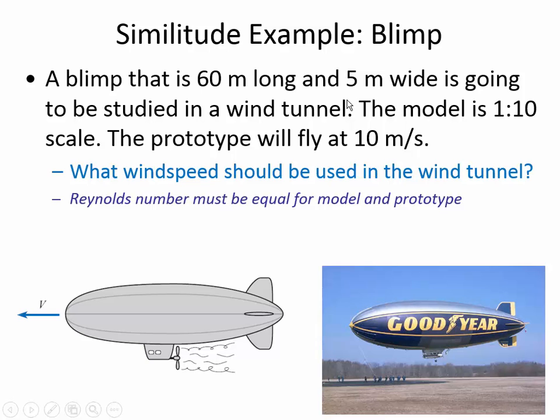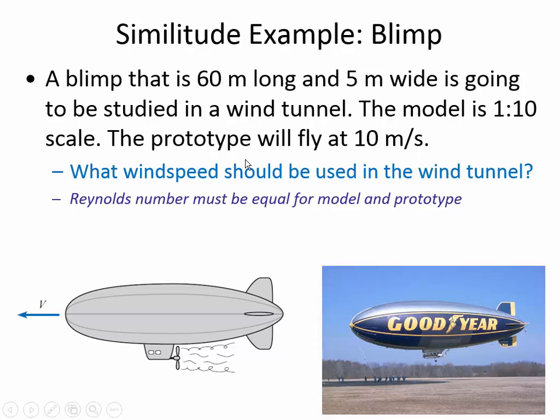And we want to study what happens in the real world with this by having a smaller scale model inside of a wind tunnel. And the model is 1 to 10, meaning that instead of 60 meters long for the prototype, how long will our model be? 6, exactly. So it's going to be 6 meters long and 0.5 meters wide. That will be our model.